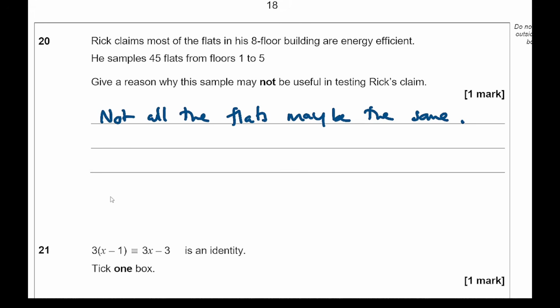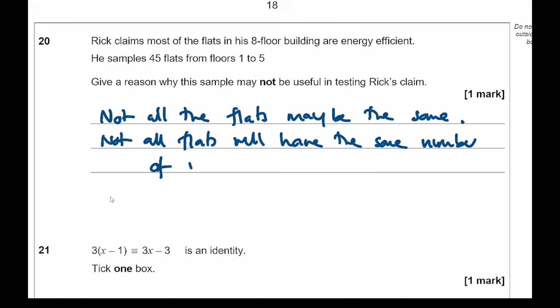You could also say that not all flats will have the same number of residents. You could also say something along the lines of that some flats may have not so great energy efficient appliances. It would be a good answer.